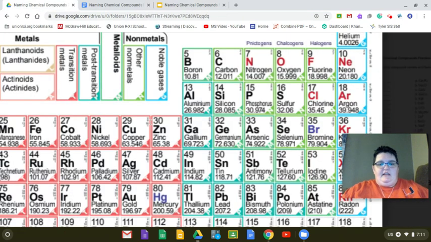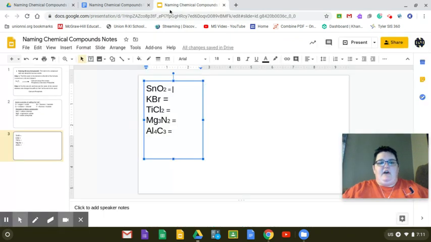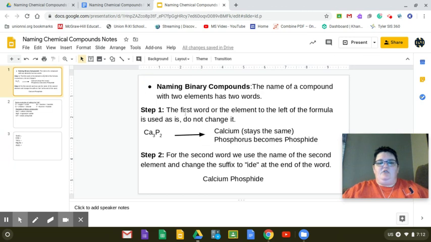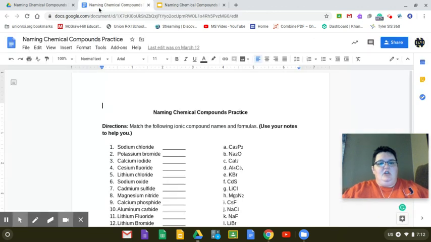We find Sn in the periodic table, which is right here, number 50, and Sn is tin. Following our directions back here, the first element we keep the same. It does not change.